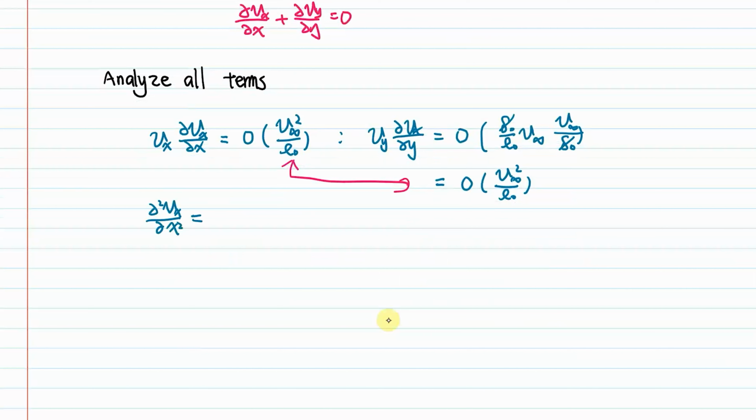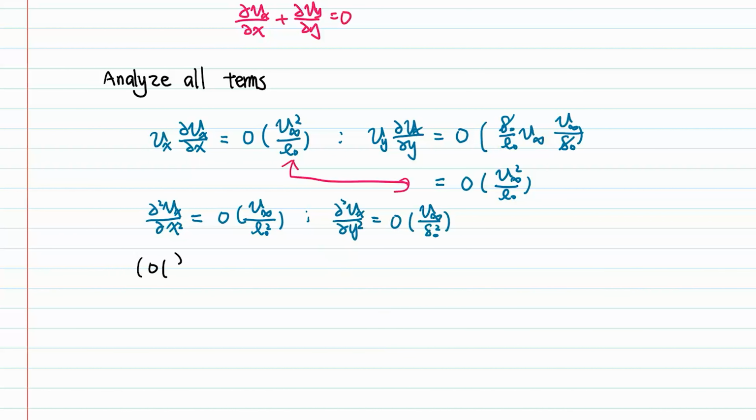This is on the order of V infinite over L naught squared, and partial square Vx partial y squared is on the order of V infinite over delta naught squared. Okay? Also, from the equation of continuity, we know that the order of partial square Vy partial y squared should also be equal to the order of V infinite over L naught squared.